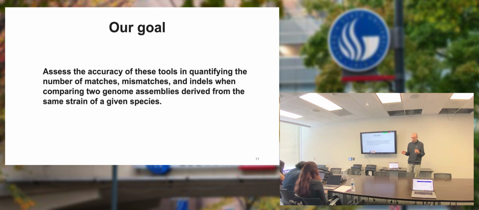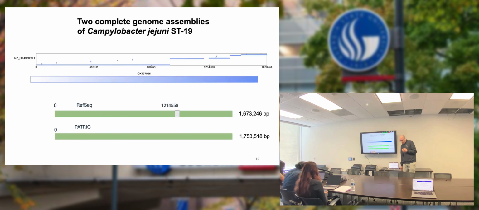To do that, we just try to count the overall number of matches, mismatches, indels, and then when we know that, we can derive the overall similarity and apply different formulas using these numbers. And so I took 2 examples.